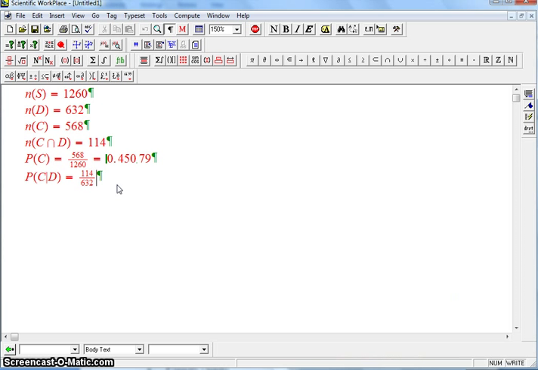It's 114. Let me just write it out in terms of the formulas. It's the number where both things happen. You have a cat and you have a dog, divided by number who have a dog. And so that is going to be a much smaller number in this case. That's not always a smaller number. It just happens to be that in this case, having a dog makes it less likely you're going to have a cat.